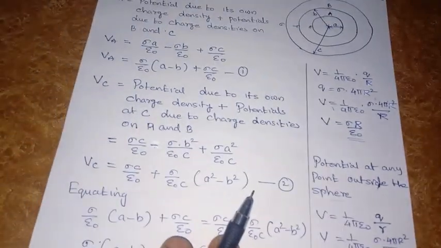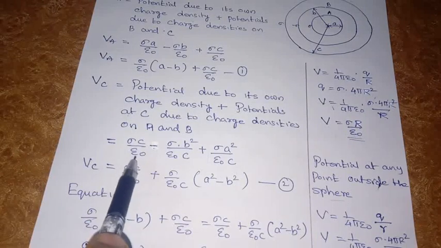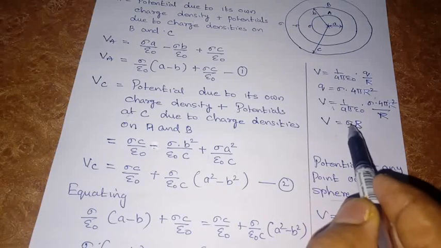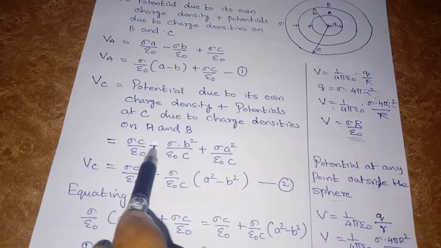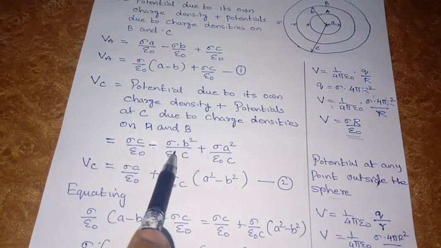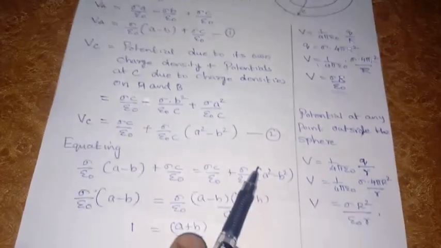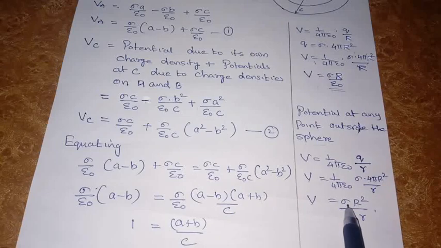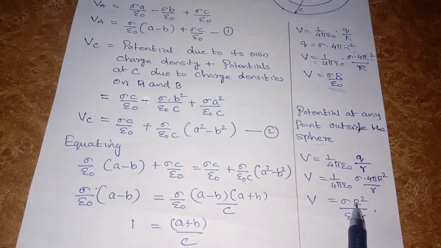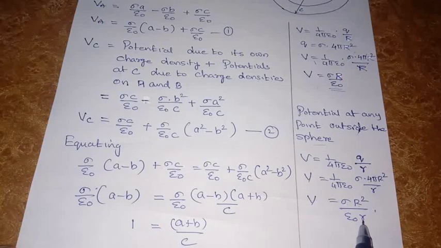Now very carefully listen. VC can be written as sigma c by epsilon 0. What is sigma c by epsilon 0? Potential due to its own charge given by this particular equation, sigma into radius c by epsilon 0, minus potential on the surface of C created by charge density minus sigma on the surface of B. According to this equation, that will be minus sigma into radius of B square, divided by epsilon 0 into what is r?